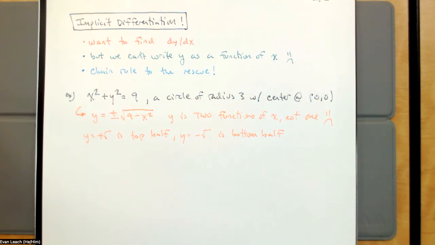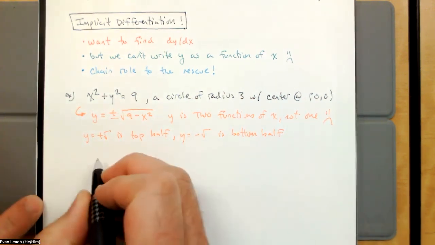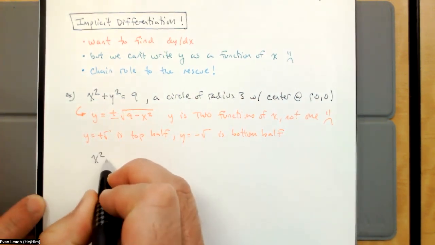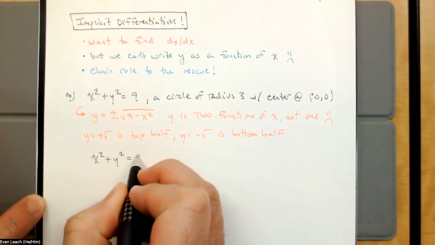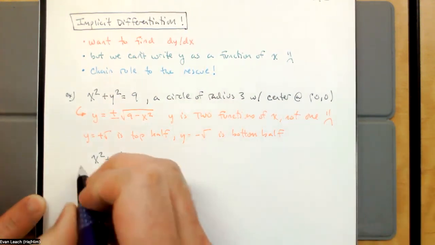But anyway, we can't write y as one function of x. We have to break it into two functions of x, and then we'd have to know what part we're worried about. Fortunately, they're only different by a negative, so it's not that different. So here's what we're going to do. I want to find dy dx. I've got x squared plus y squared equals 9. We're just going to go through and every term take the derivative with respect to x. We're going to take the derivative with respect to x of everything.